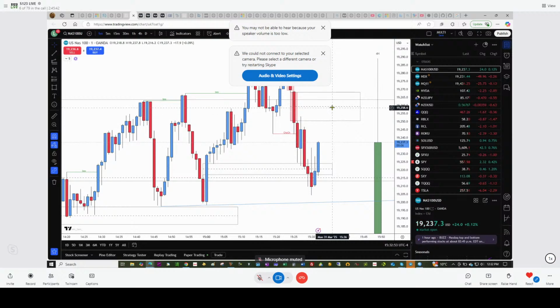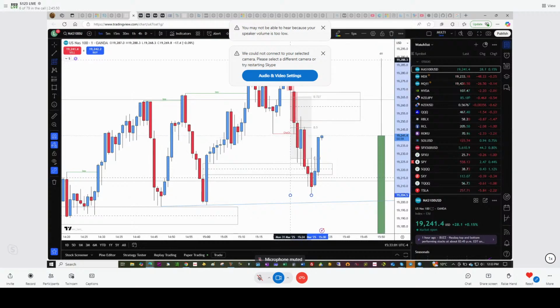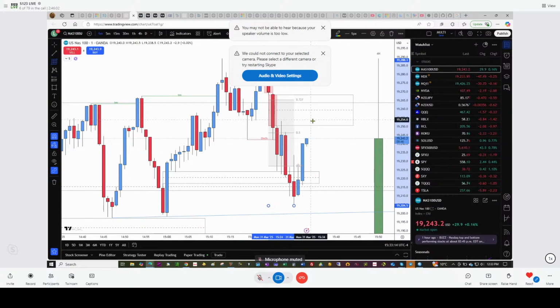Can we make it into midpoint of that gap? And 50% is here. So I'd like to see them go up above 50%. Into this gap, take out this high.